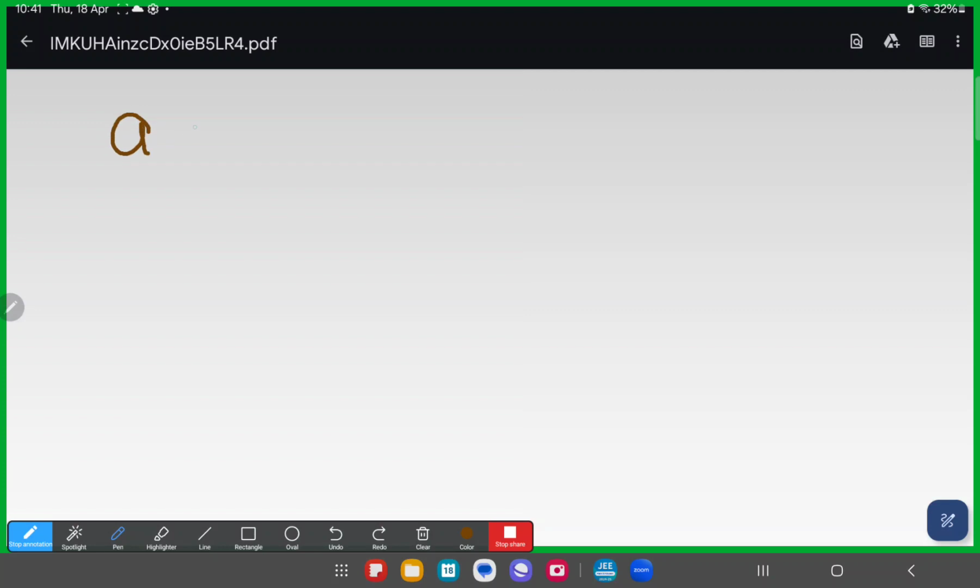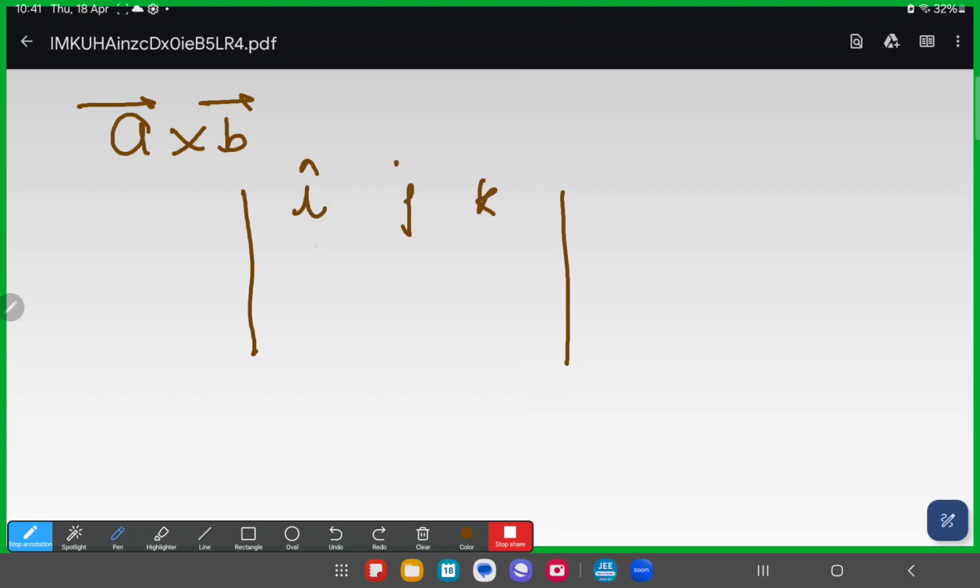Now A cross B. How will we write it? We keep I, J, K, then first row AX, AY, AZ, then BX, BY, BZ. Now how to multiply it?